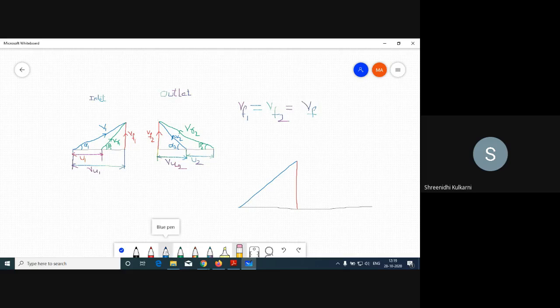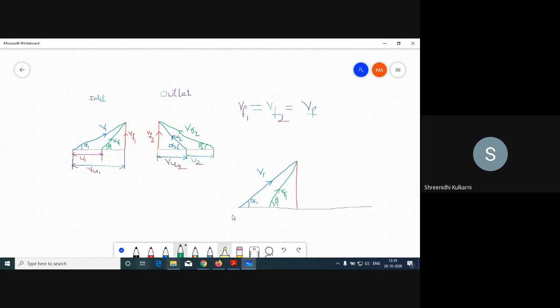And here I am going to write V1, and this is alpha 1. And next, I want green. So here I will call it VR1. This is VR1, and this angle is beta 1.